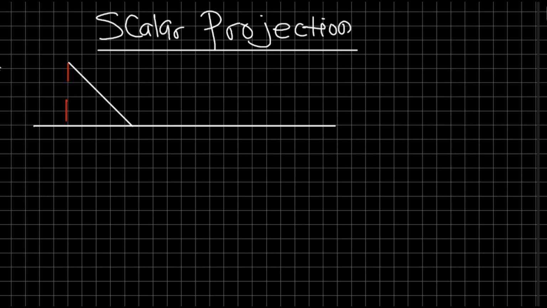So let's say this is angle theta, and if this is vector b, and this is vector a and this is vector c, it goes in this direction.